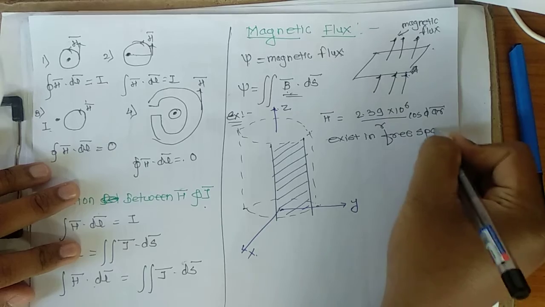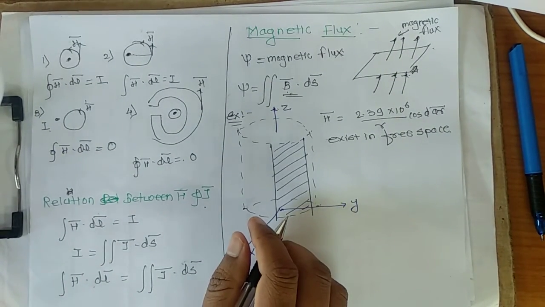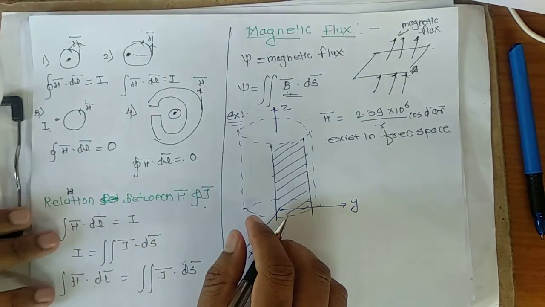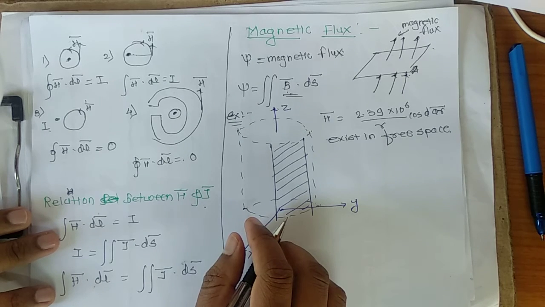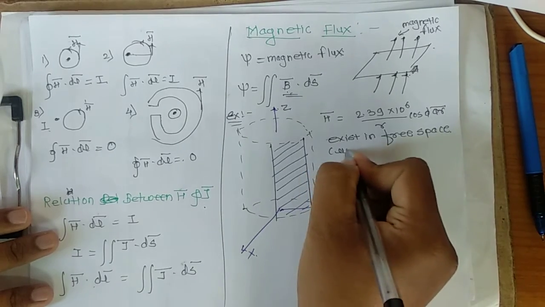Now in the magnetic field intensity, we have to use mu as the permeability, as we have studied that B is equal to mu into H. When they are using free space, we have to use mu 0.